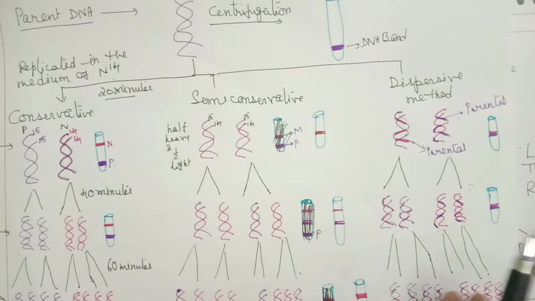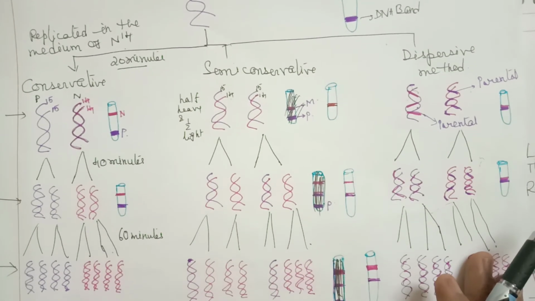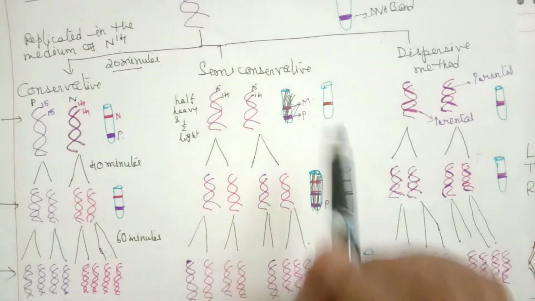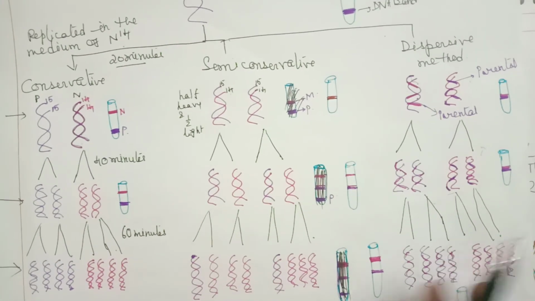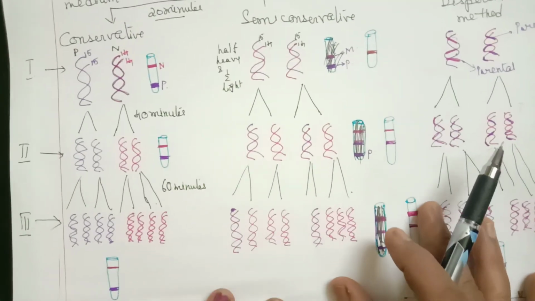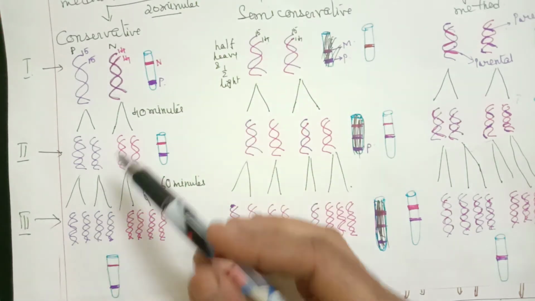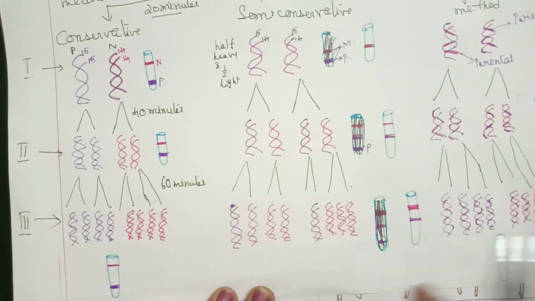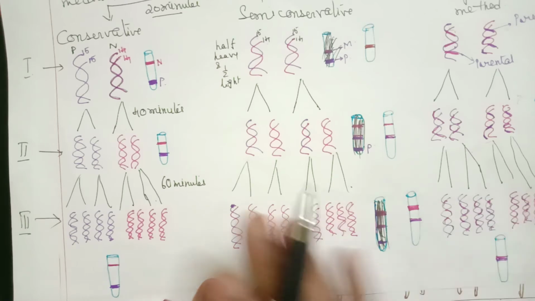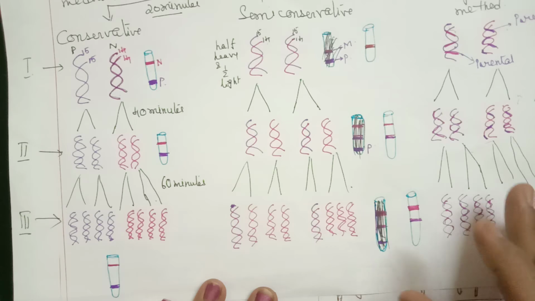Now we can concentrate on semi-conservative and dispersive. We need not bother about the second and third generation, because if it is conservative, as I have shown in the diagram here, we are going to obtain the same bands, whatever the number of generations. So we can clearly eliminate conservative in the first generation itself.